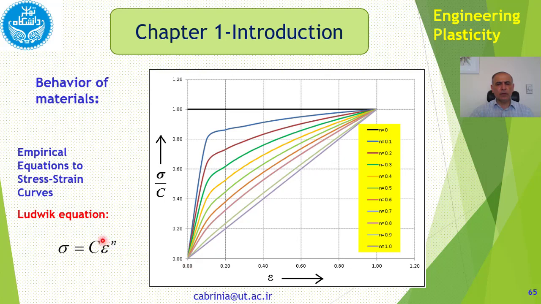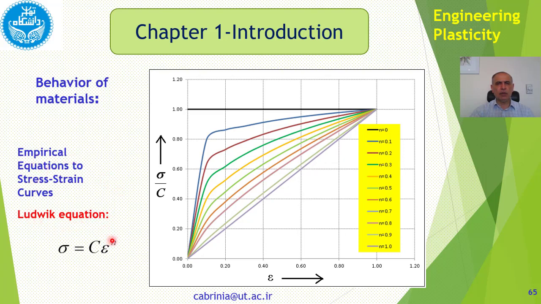Now for this data, in fact, we can fit a curve on it like that. You see, this is a Ludwig equation. It's a curve fitting. We have some data, we fit the curve on it. And this is called an empirical equation.